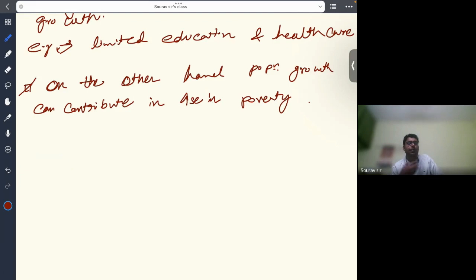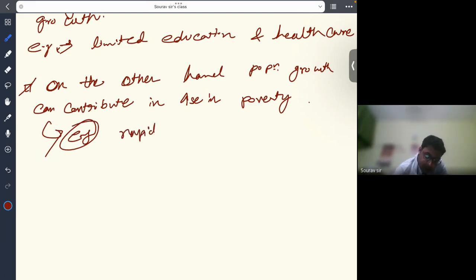For example, rapid population growth can put pressure on resources and infrastructure, leading to increased competition for jobs and services. It can also lead to overcrowding and environmental degradation, which can increase the poverty, right? We will mention one example only, that rapid population growth can put pressure on resources and environment.